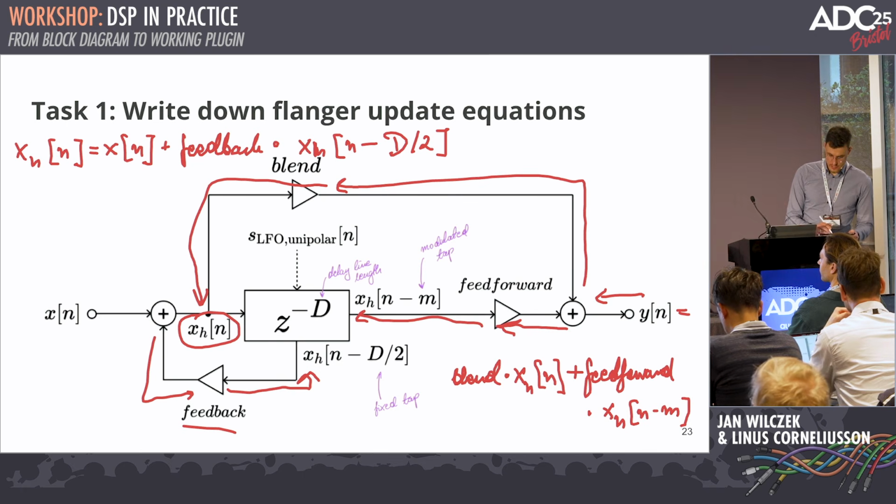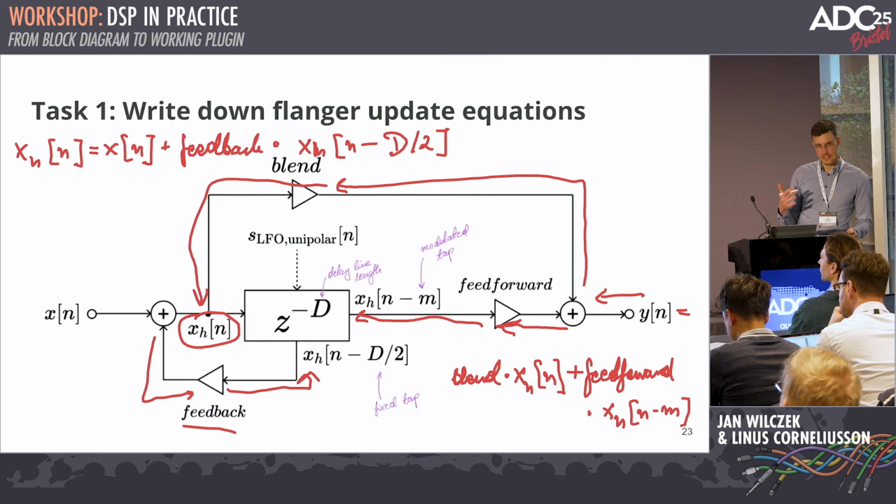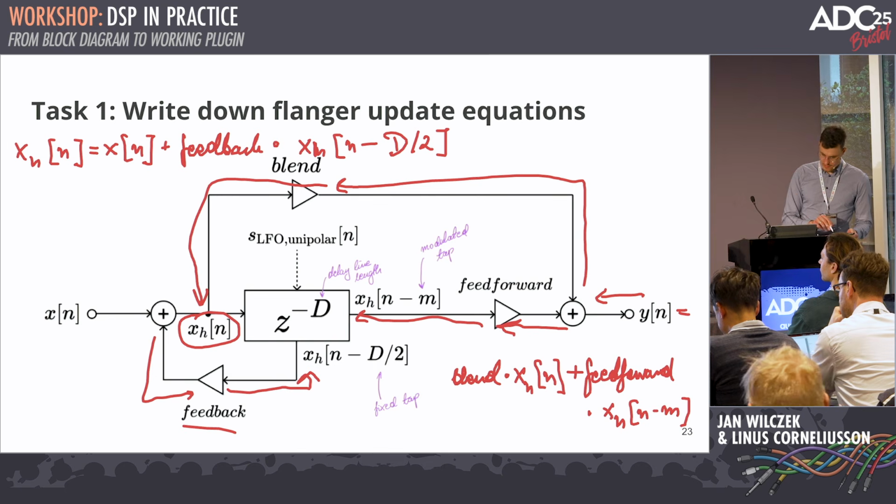And we can do this because we have a delay here. So xh of n is the current thing, and this xh of n minus d divided by 2 is a thing of the past. So we got it already. It's a known thing. So that's why it's correct.